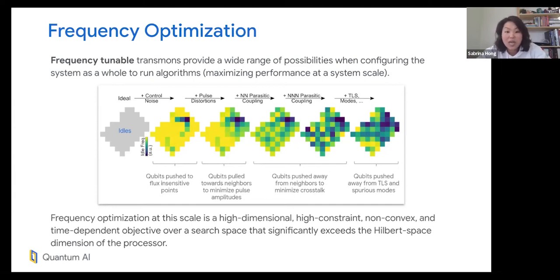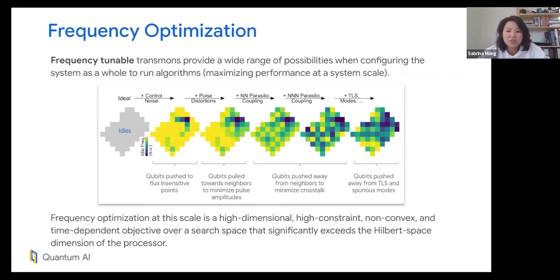And so one of the things that we have to do is take all of these things into consideration and optimize the processor, at each qubit level, at each gate level, what frequency we want these things to be at. And this optimization is high dimensional. It really exceeds the Hilbert space dimension of the processor. And it's a complex problem that the Google group is working very hard on, finding ways to do this in an efficient manner through optimization, through introducing as many known model parameters about the device as we have.